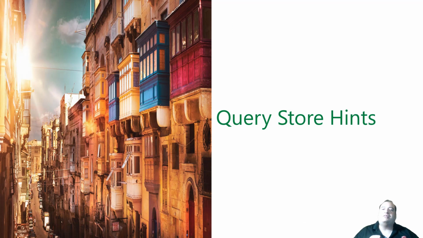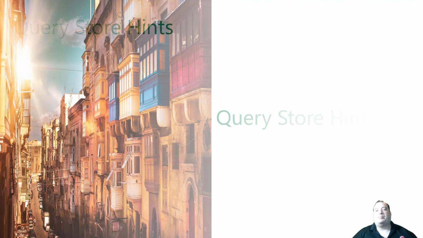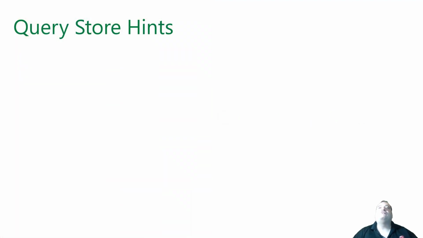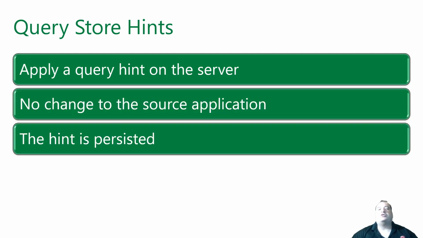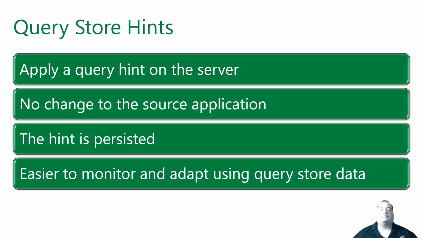The ability to apply query hints on the server level and not on the application level, with no need to change any application code to apply the query hint. No change to the source application, the hint is persisted in query store.